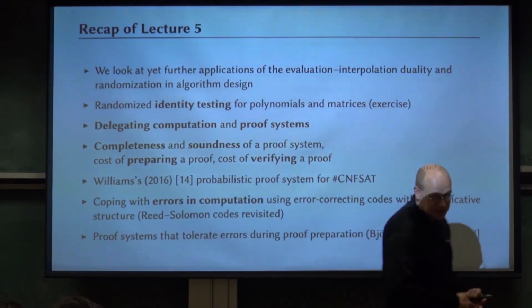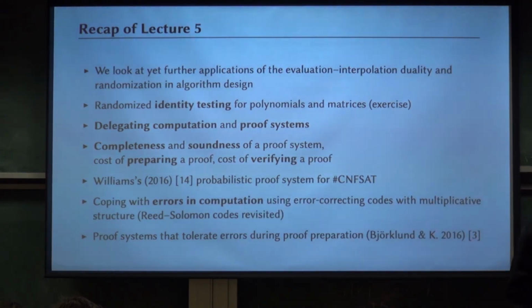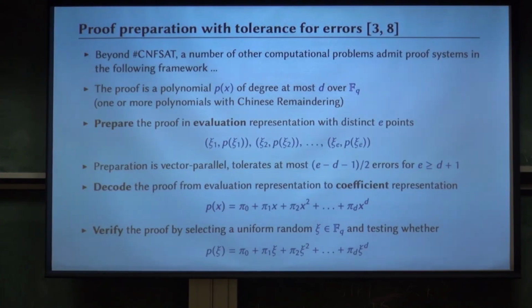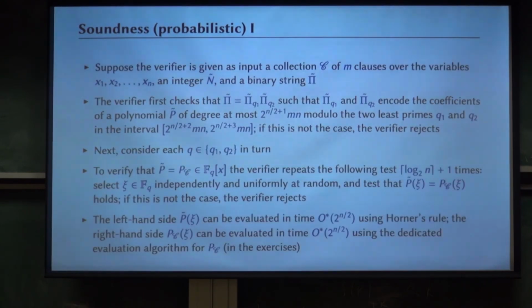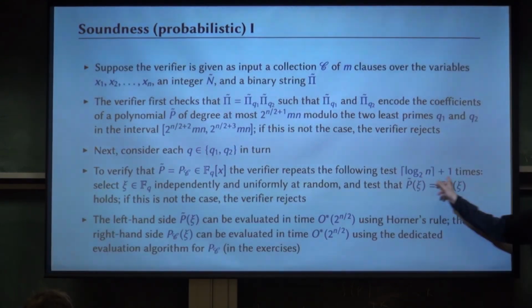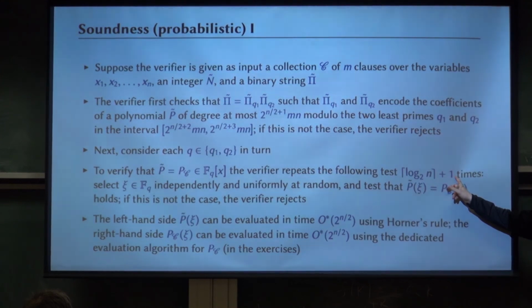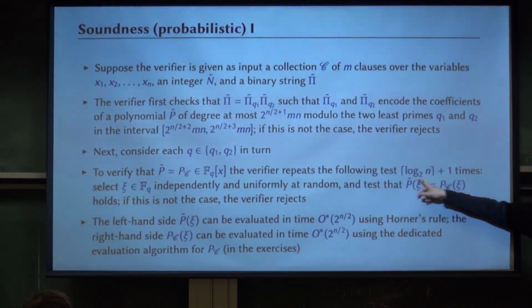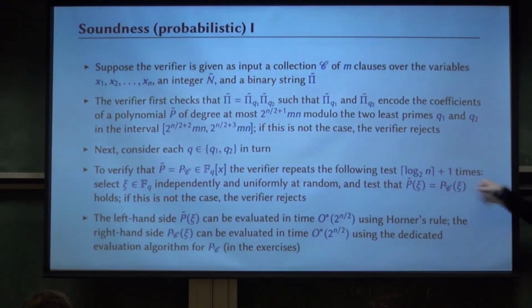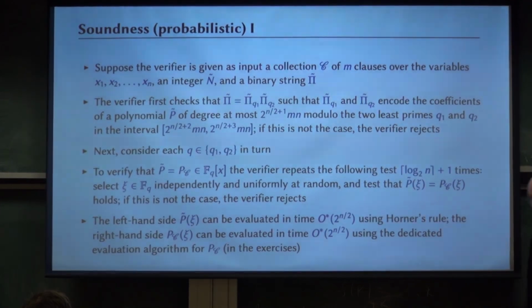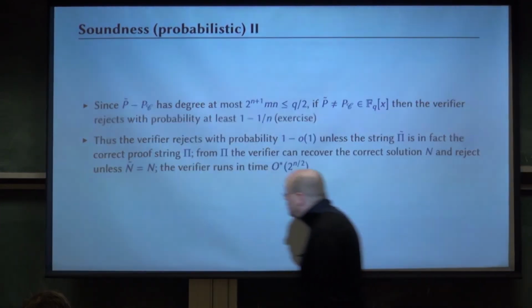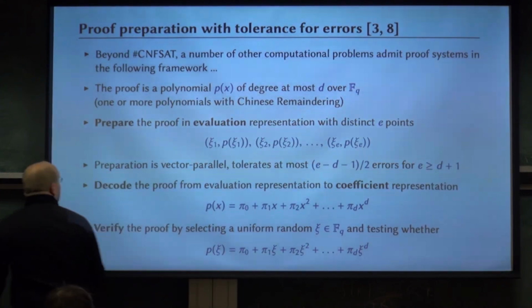What we are sacrificing, of course, is the soundness, but we are not sacrificing too much because, if you think about it carefully, we can control the error probability after the proof has been prepared. Why is this the case? We can control how many repetitions we make, and we have an upper bound on the degree. So of course we can increase the number of repetitions and control the error probability that way. That's also another nice feature of the system.